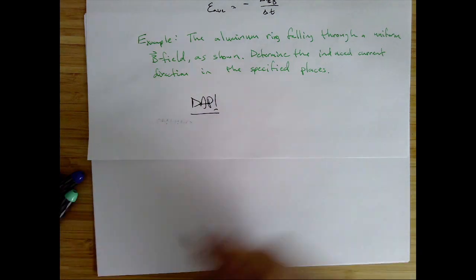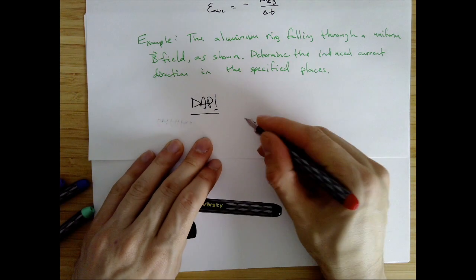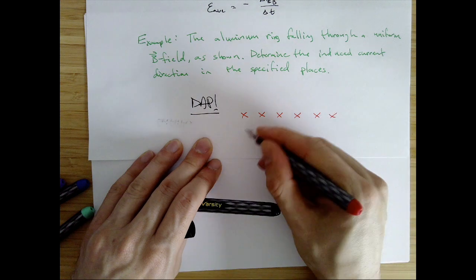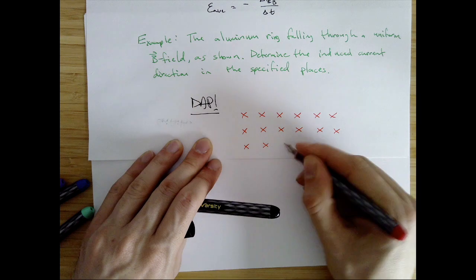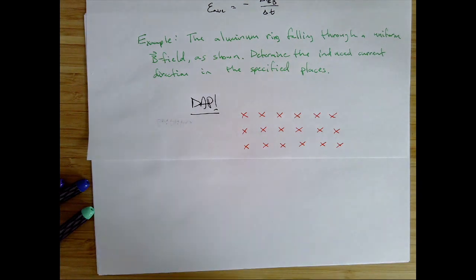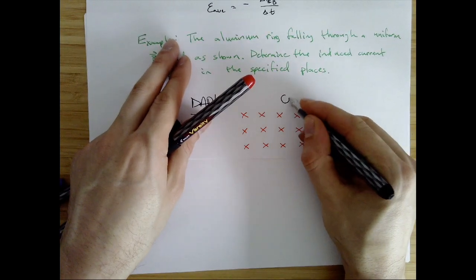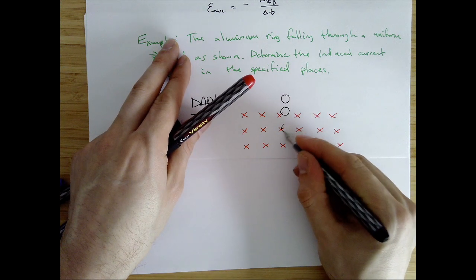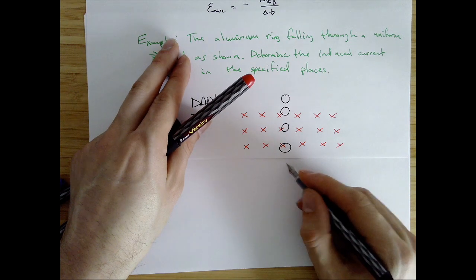And so we'll have our uniform magnetic field directed into the page. We can draw our ring in a few places, so we'll have it here, here, here, here, and here.